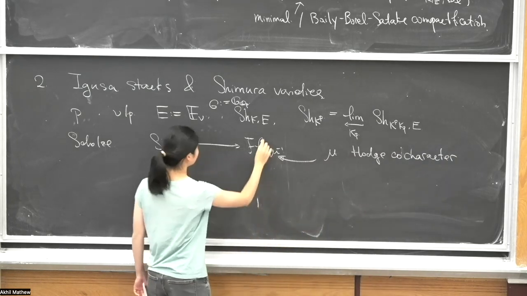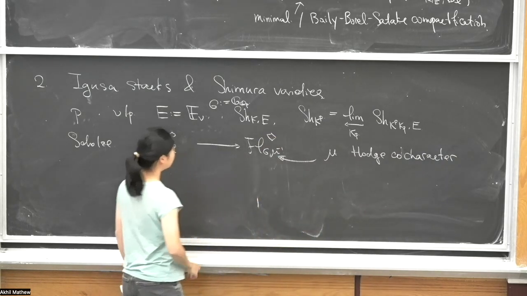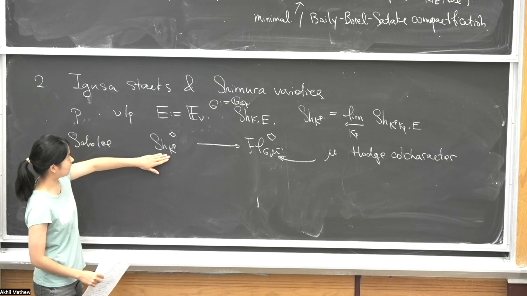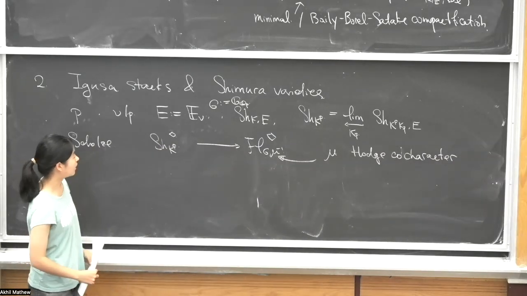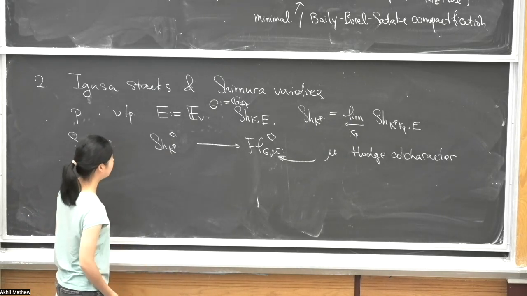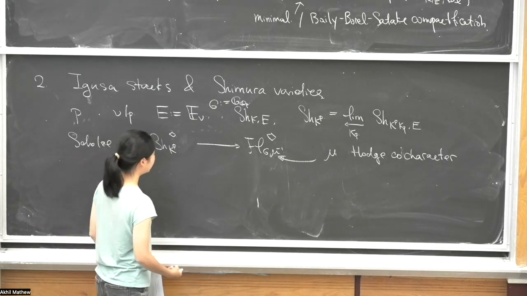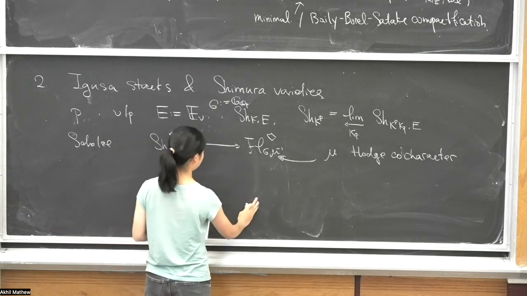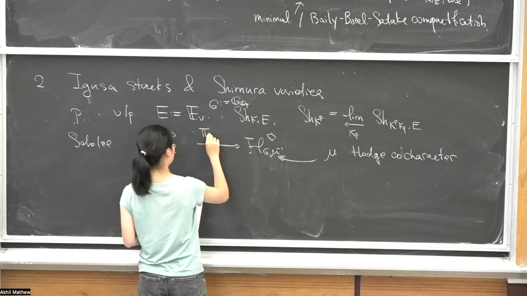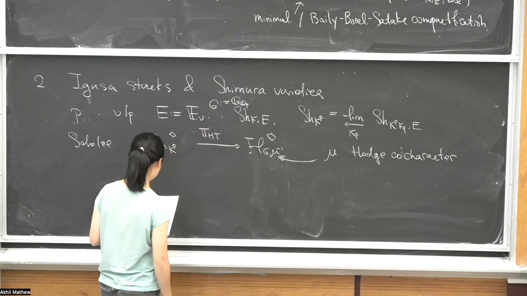Except that to make sense of this map, one has to take the analytification of the Shimura variety. Here I use the symbol diamond to indicate that I'm viewing everything as a sheaf on perfectoid spaces equipped with the suitable topology. And this map is denoted by pi HT.